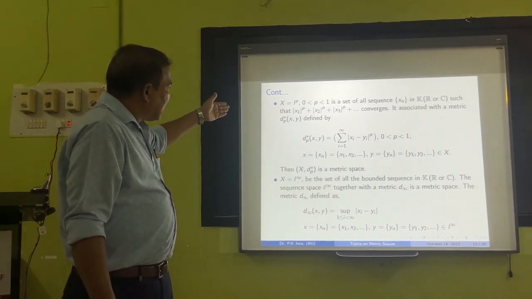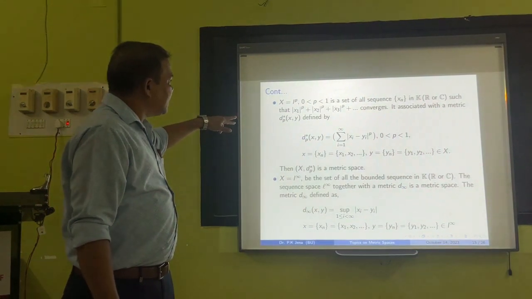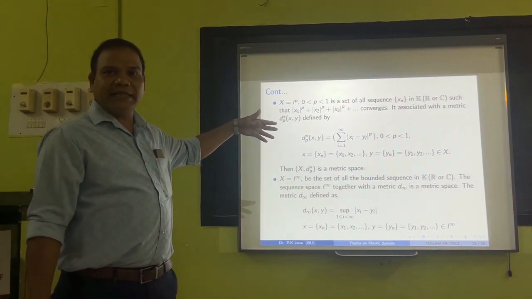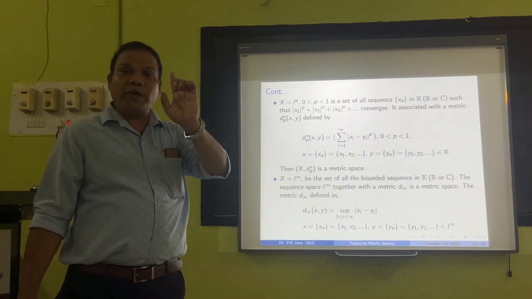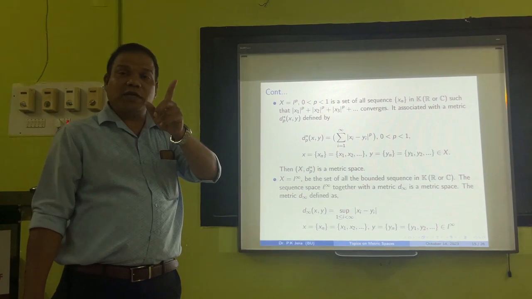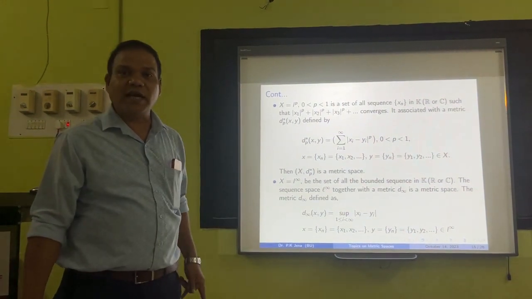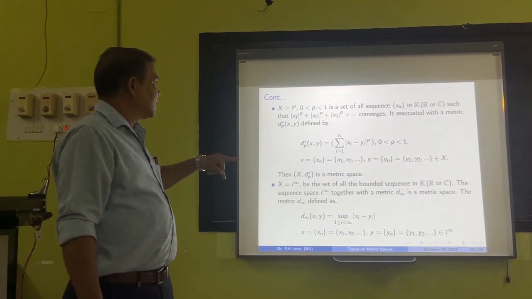In that case, we define dp star. We are not writing the same metric dp, because dp we have already defined on LP where p lies between 1 and infinity. Here we are considering the range of p as 0 to 1.